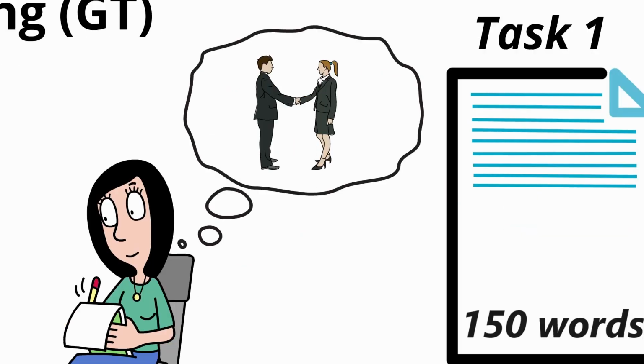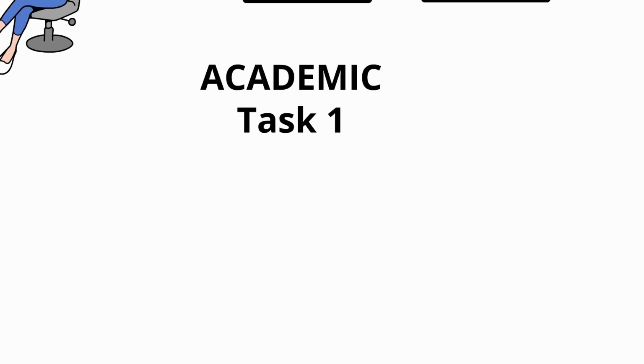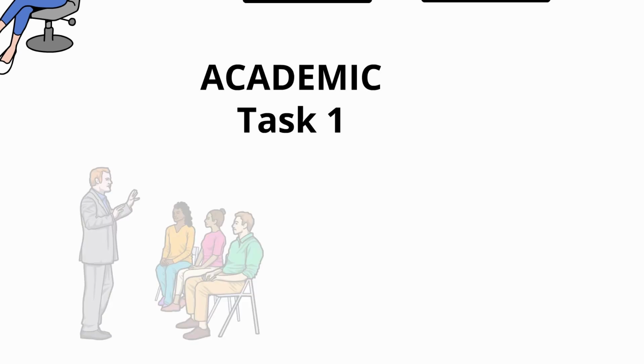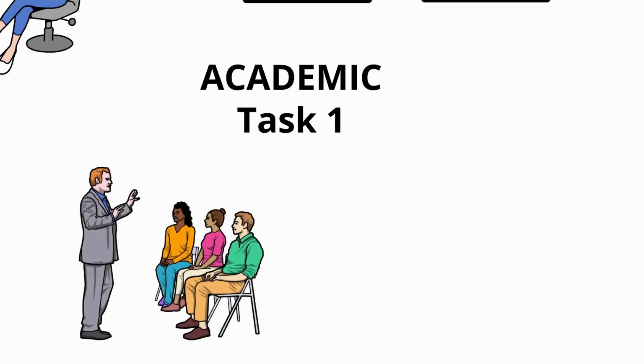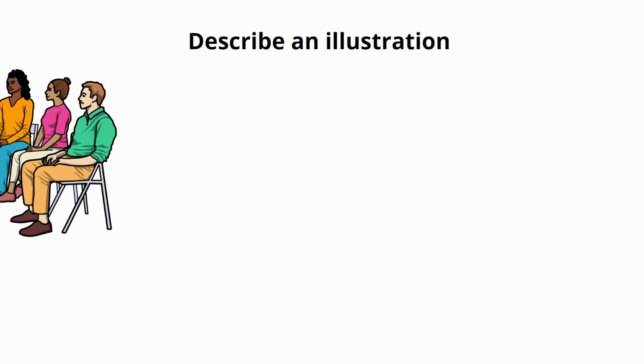Much more common, however, is academic writing task 1. This will be for anybody taking the IELTS test to apply to a university or for a study visa or anything related to academic purposes. Here we have to describe, keyword, describe an illustration.